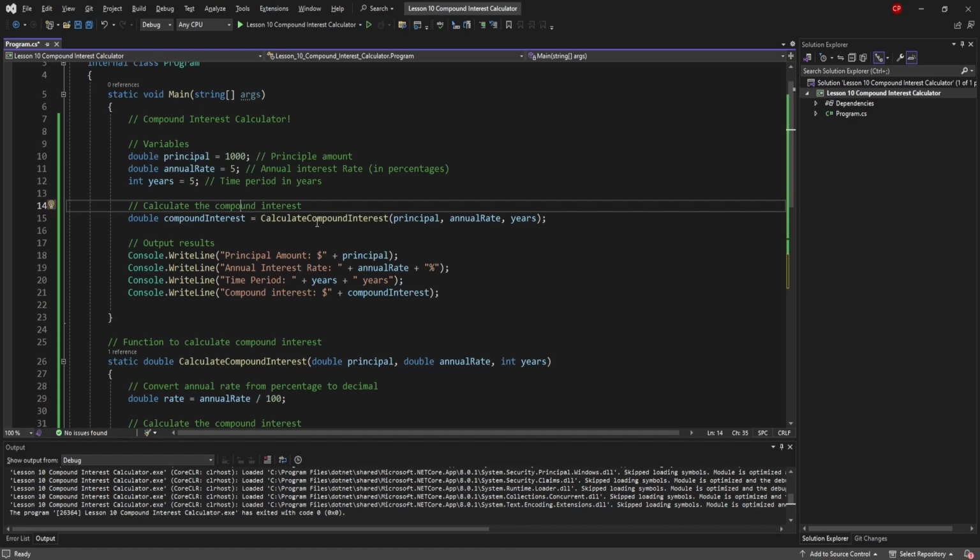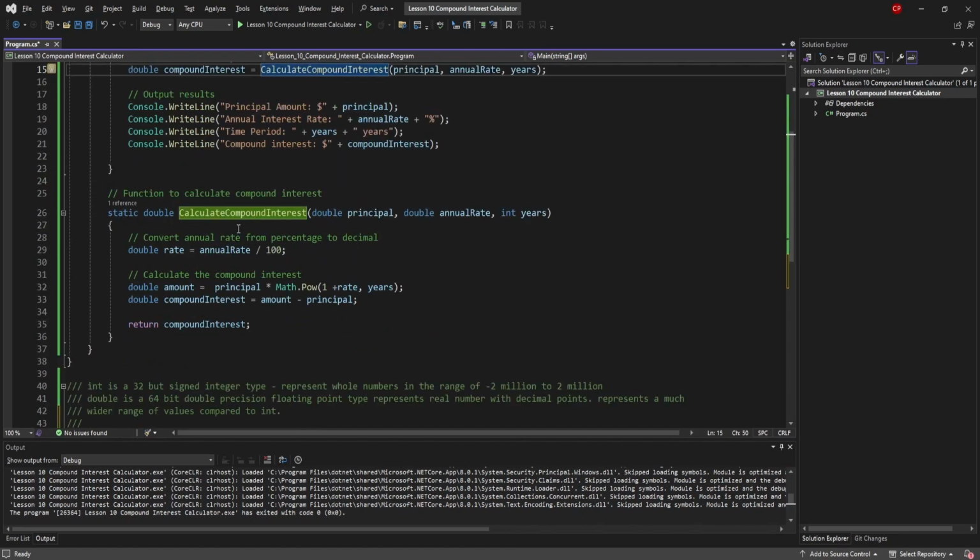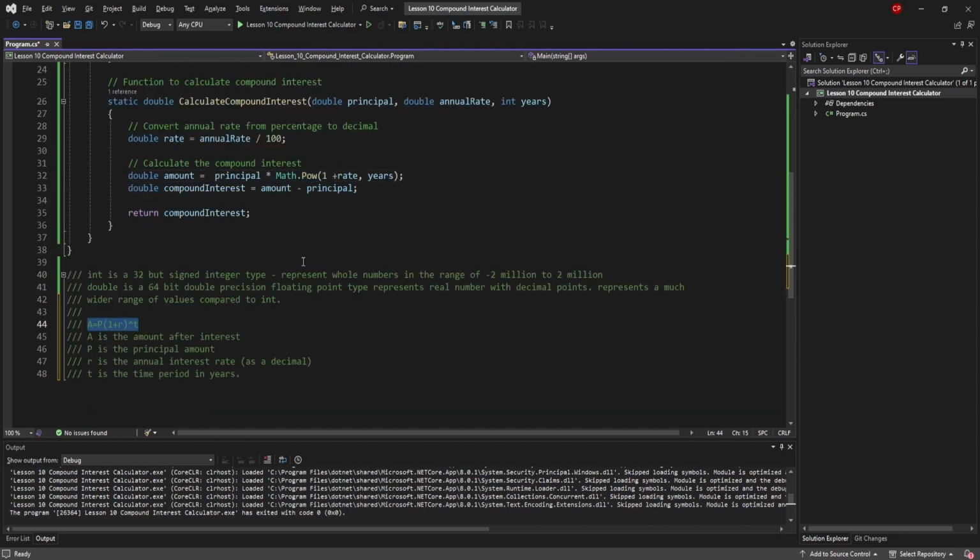Then we call the calculate compound interest function, and we say, here, take the principal, the annual rate, and the years. Turn the annual rate into a decimal, and then create an amount that's principal times this calculation right here.